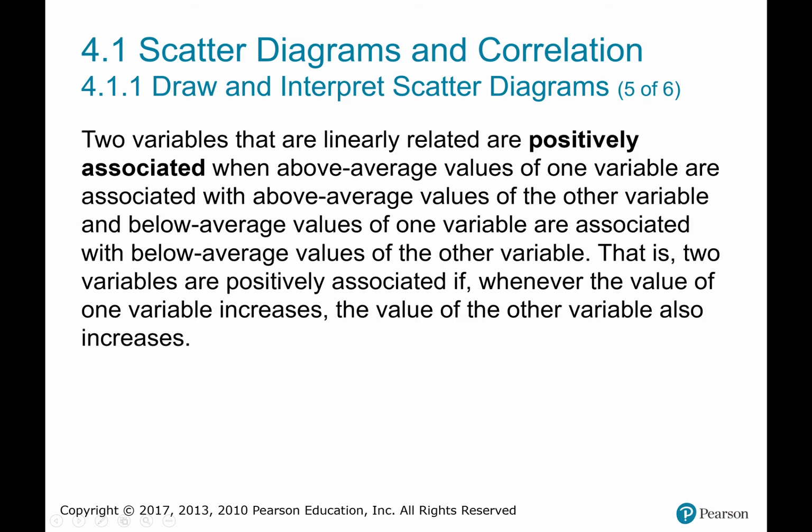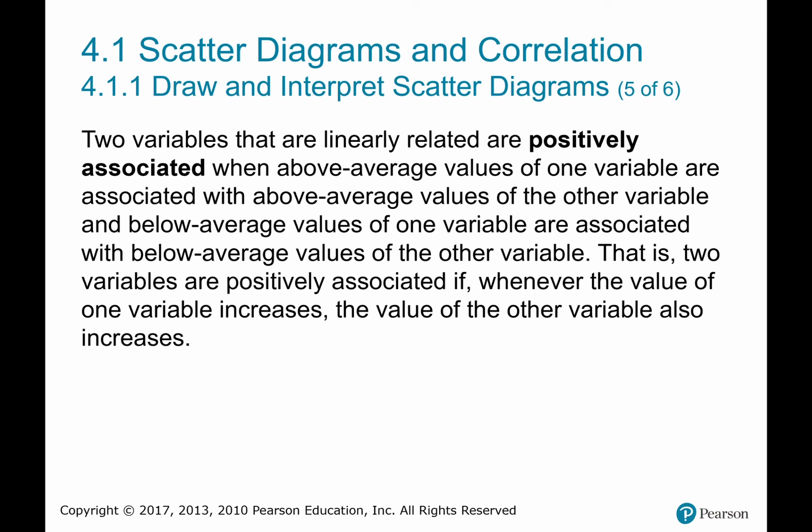Two variables that are linearly related are positively associated when the above average values of one variable are associated with the above average values in the other variable, and the below average values of one variable are associated with the below average values of the other variable.